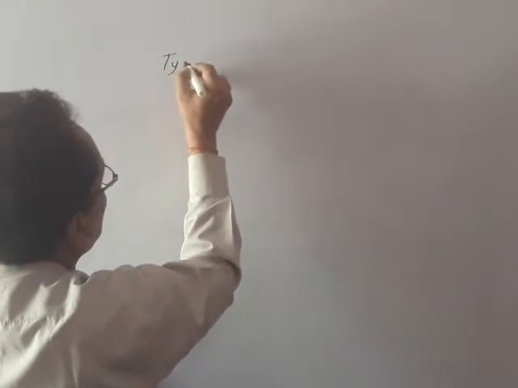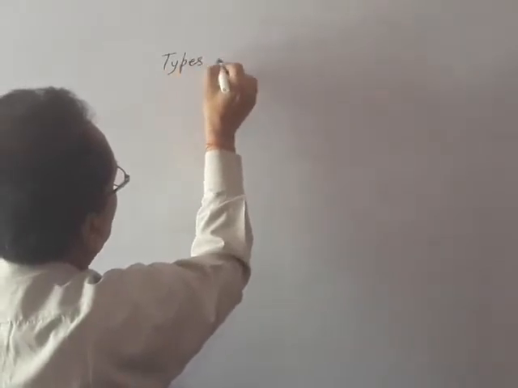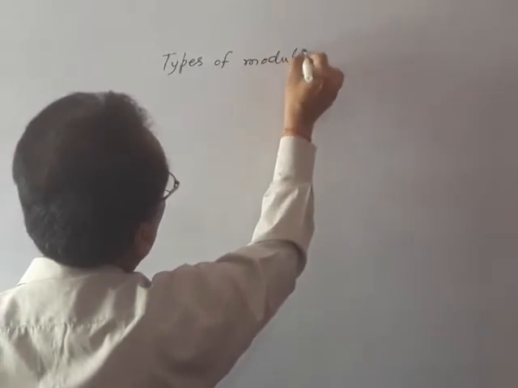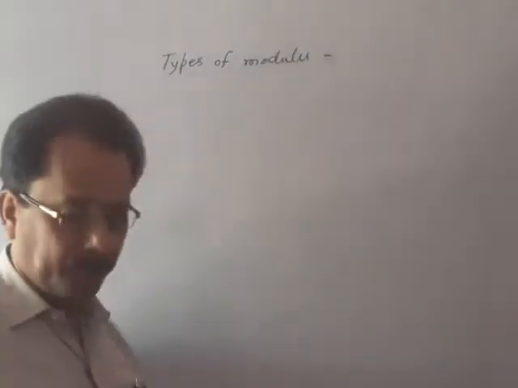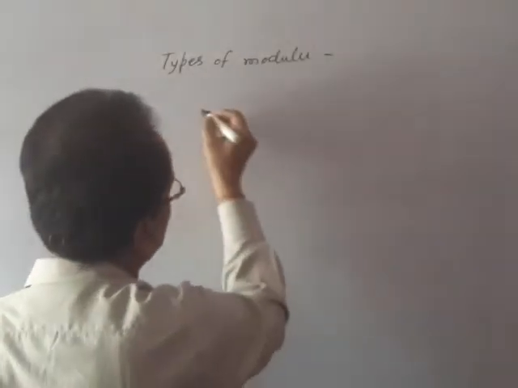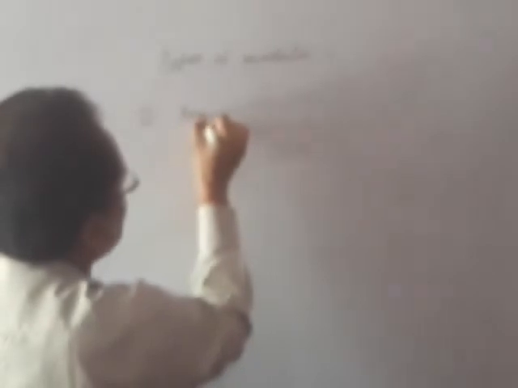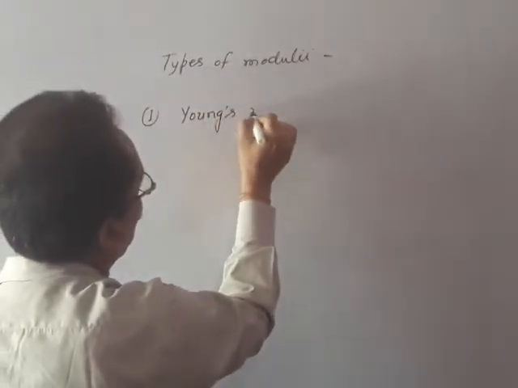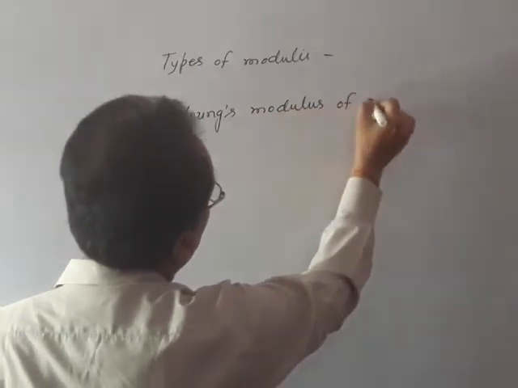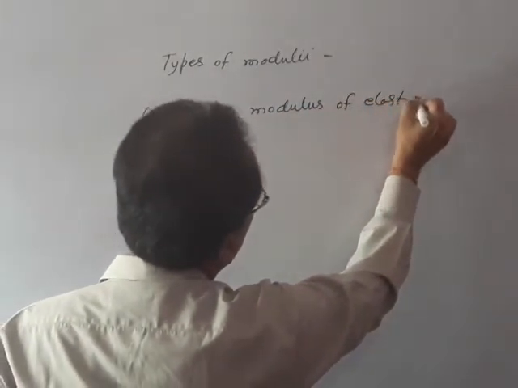So now we start the types of modulus, or we may say different types of modulus of elasticity. The first one is Young's modulus of elasticity.